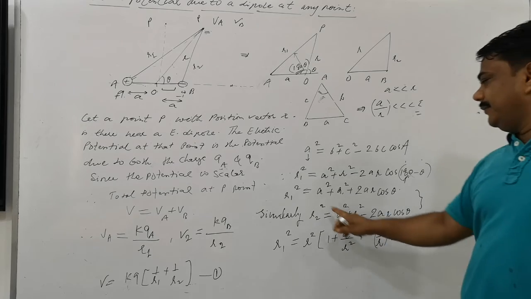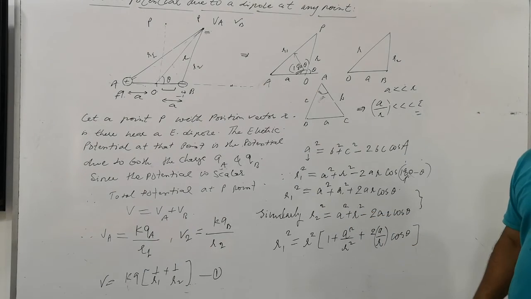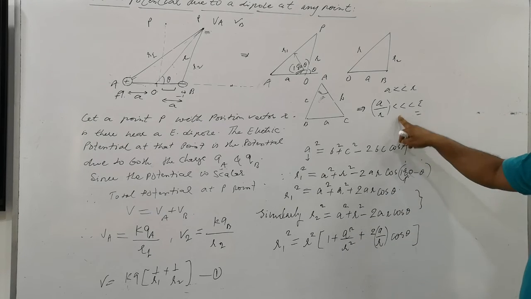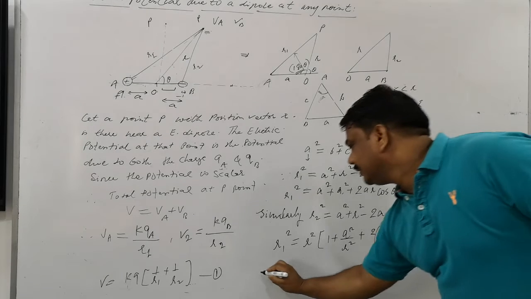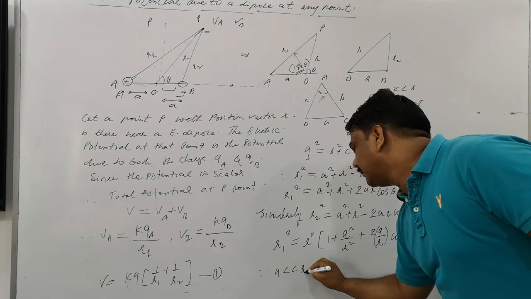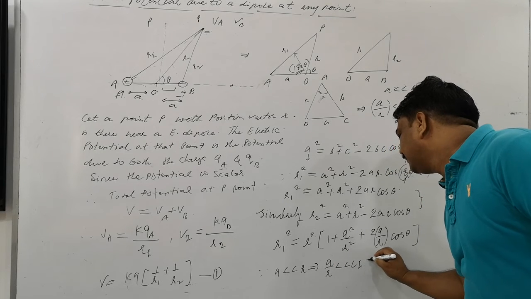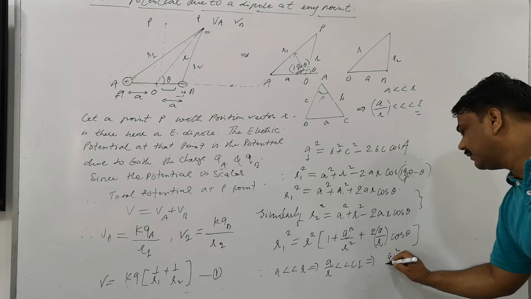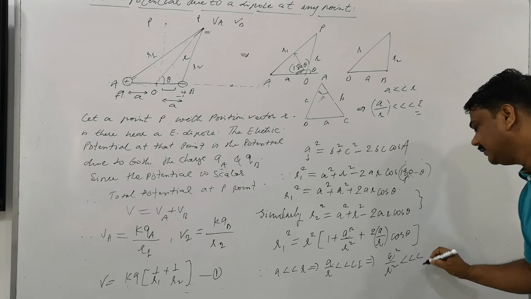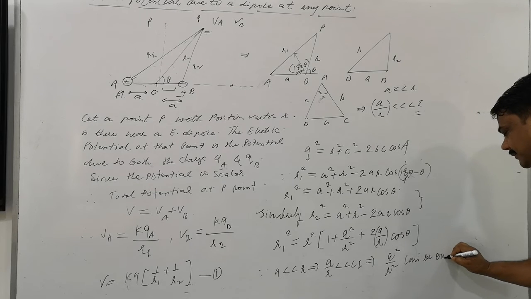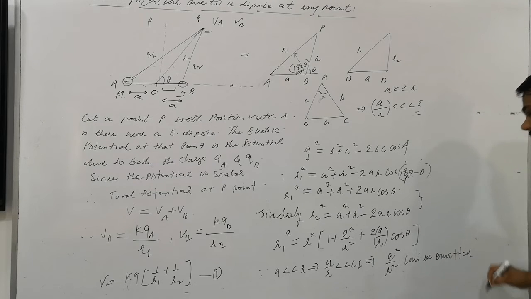In the same manner we can also write the second equation, but I am solving the first. Clear? Have a look here. So this expression can be ignored. The same I told you: a is less than r, which implies a by r is very much less than 1, which implies that a squared by r squared can be omitted. Omitted means this cannot make a contribution.